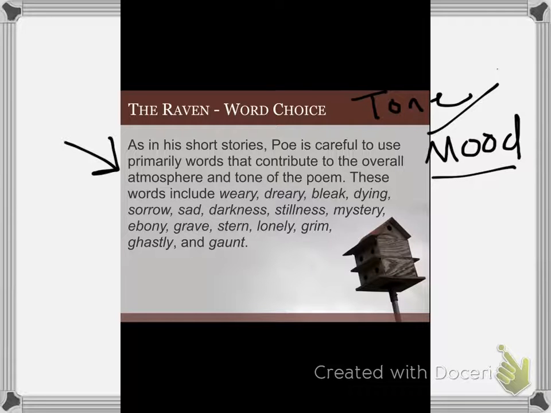They can be interchangeable, like you guys were describing it in class the other day as the vibes. The vibes, the atmosphere, the mood. These tone words that create the mood include weary, dreary, bleak, dying, sorrow, sad. All of these words down here are tone words that set the mood.